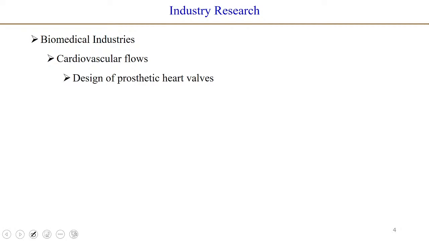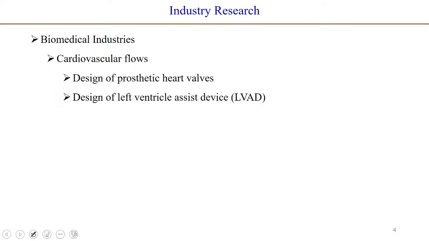So design of such heart valves requires the understanding of the flow behavior in the heart valves, because if you have higher values of shear stress, then it may cause, say, platelet activation, which can cause thrombosis and may result in problems. So designing of heart valves requires a good understanding of the fluid mechanical behavior, apart from other factors such as biocompatibility and other different factors.